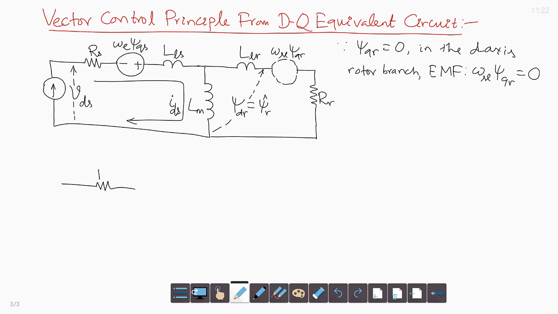We have the resistance Rs, then rotational EMF omega E psi ds which is opposing the applied voltage VQS because it is back EMF, then stator leakage inductance LLS and mutual inductance LM.